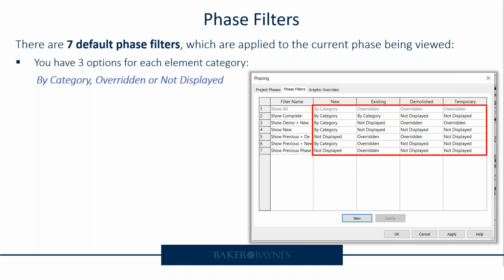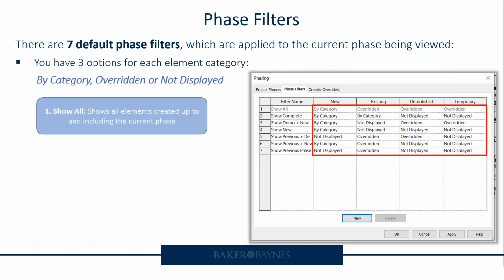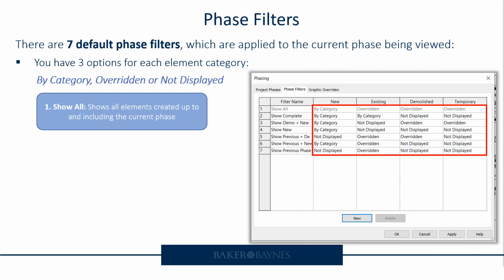So you've got by category, overridden, and not displayed. And if we go back to the filter types, looking at the first option, which is show all, that means if that filter is applied, it will show all elements that have been created up to the current phase, and also all work that are created during the current phase.